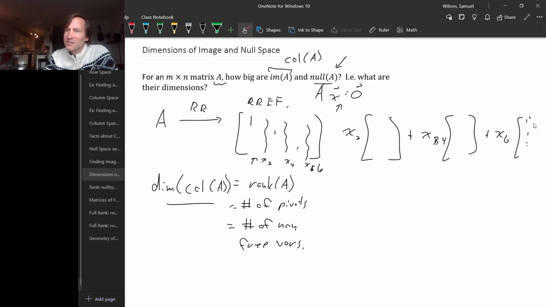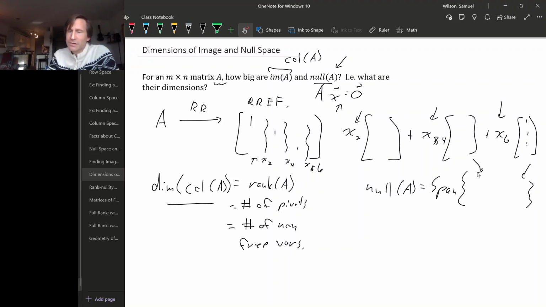You get some vector times each one of your free variables. But each one of your free variables is free. It can be any real number. So that means that the null space of A is the span of each one of these vectors, right?